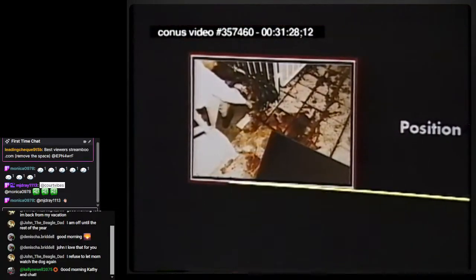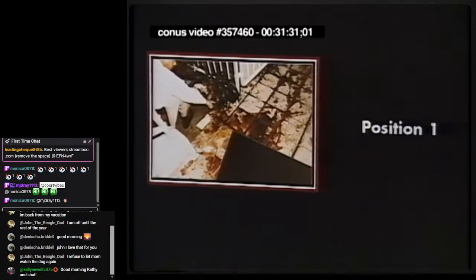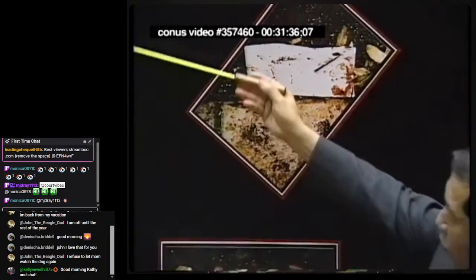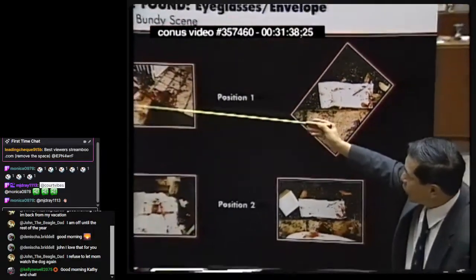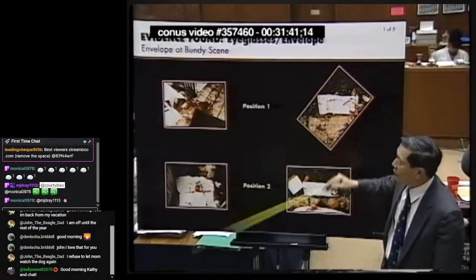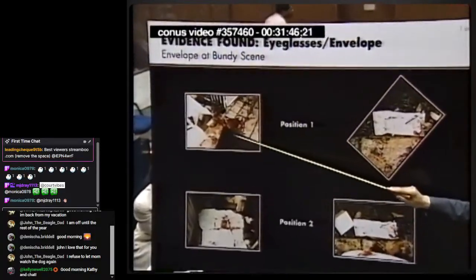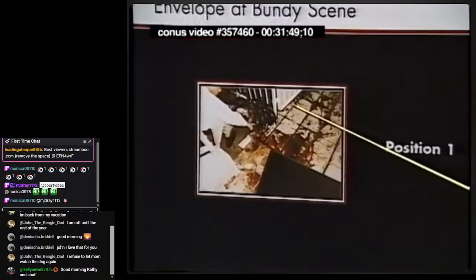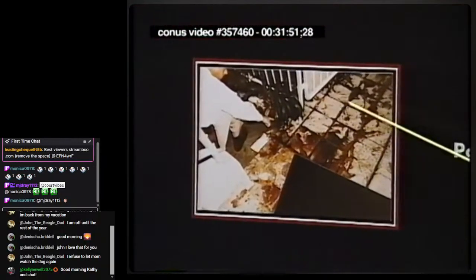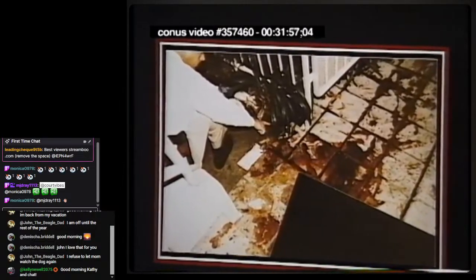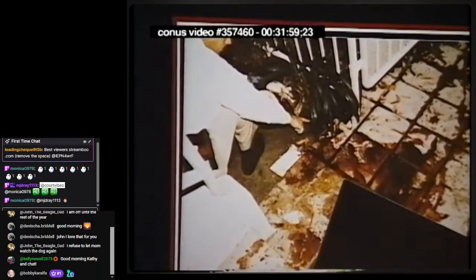The top row represents one group, the bottom row represents the second group. The first group, first column, first picture, indicates that at the time this photo was taken, the blanket was not used to cover this area. It depicts in this photo a certain position of this envelope.